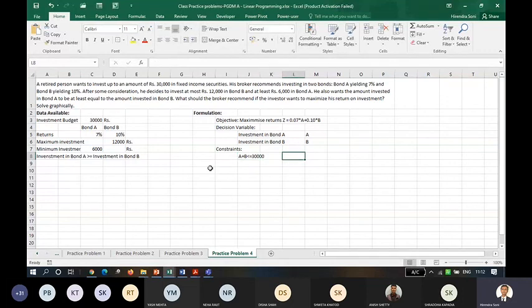This is my budgetary constraint or my risk taking appetite. Correct? दूसरा, maximum investment. So that means B has to be less than or equal to 12,000.